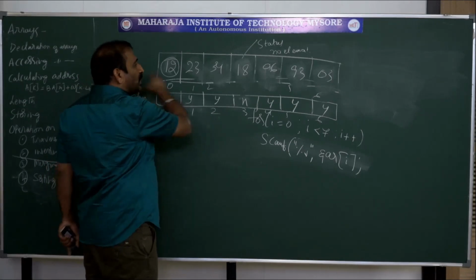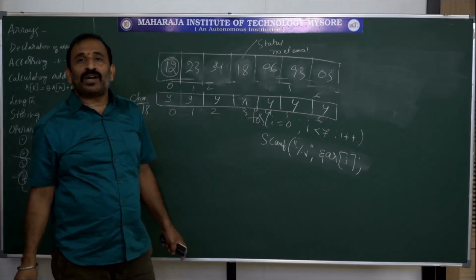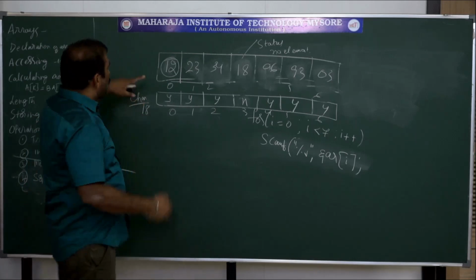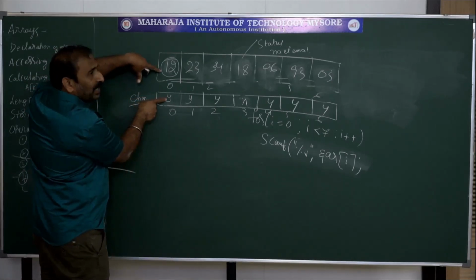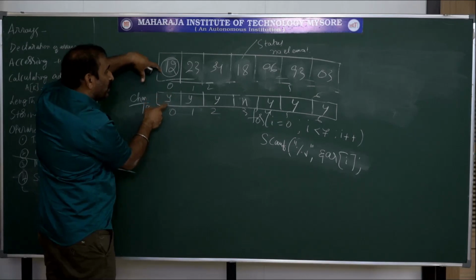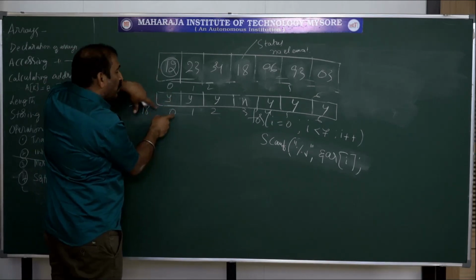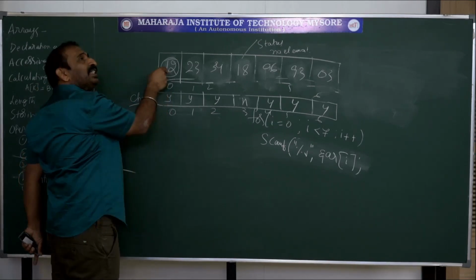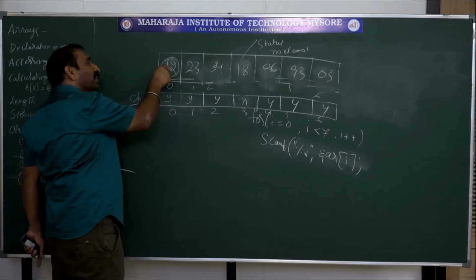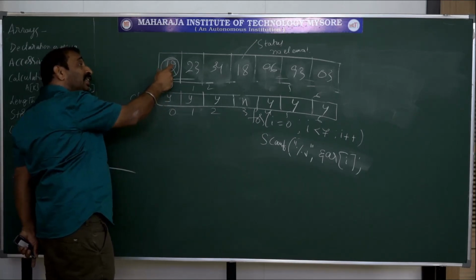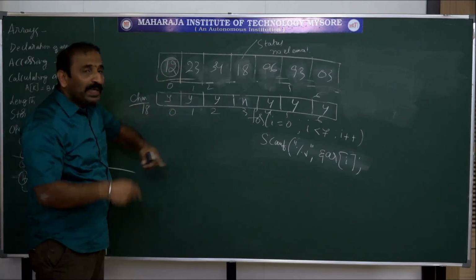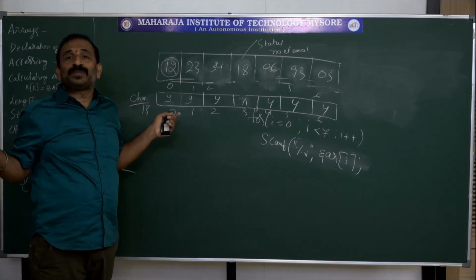When you are traversing or searching, you have to check this also. Now, while searching whether the 18 is there or not, you do the traversal. If the element at index 0 has a y, then it is considered. If this is n, the corresponding element in this array is not considered. These are two independent, separate arrays.